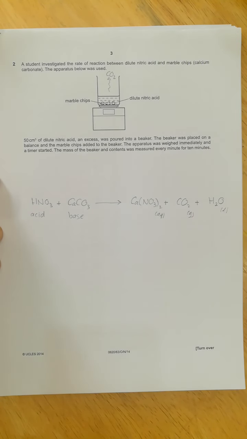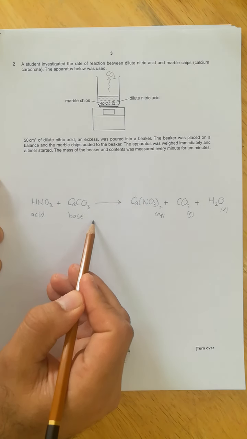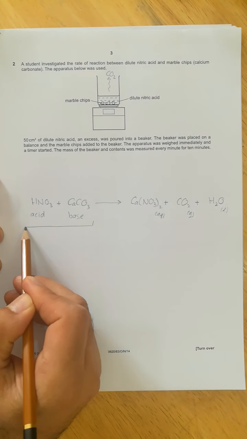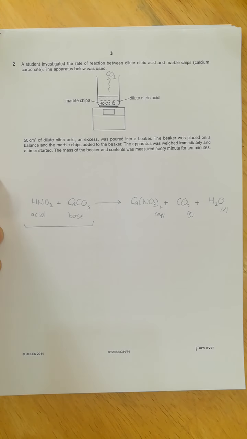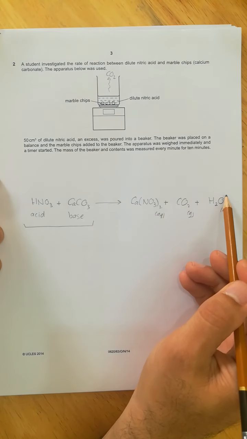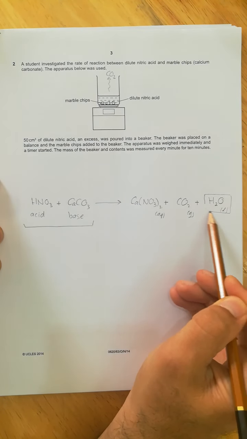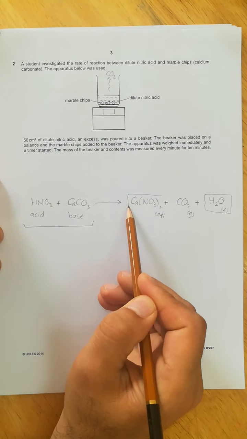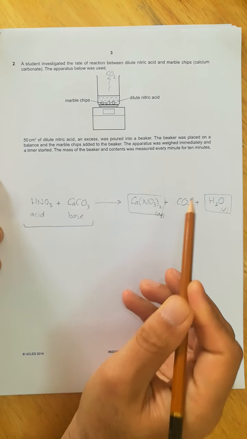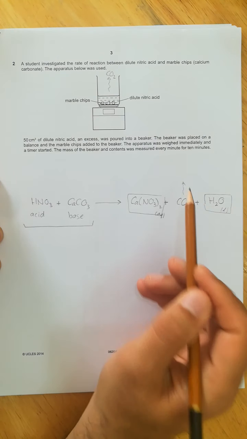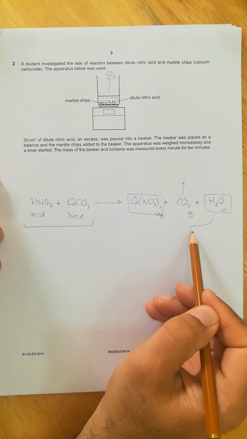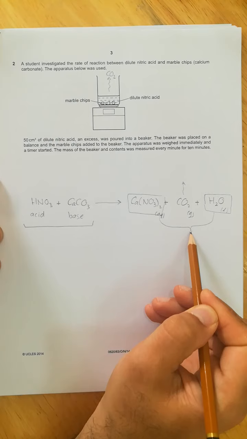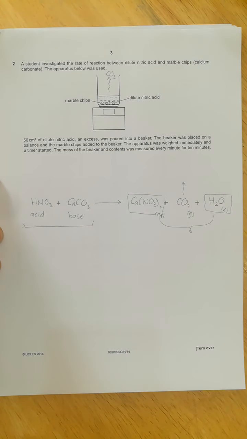At the beginning we have the mass of all these particles, but then we will find the mass of water and calcium nitrate only. Why? Because carbon dioxide will escape, so the mass measured will be for calcium nitrate and water.